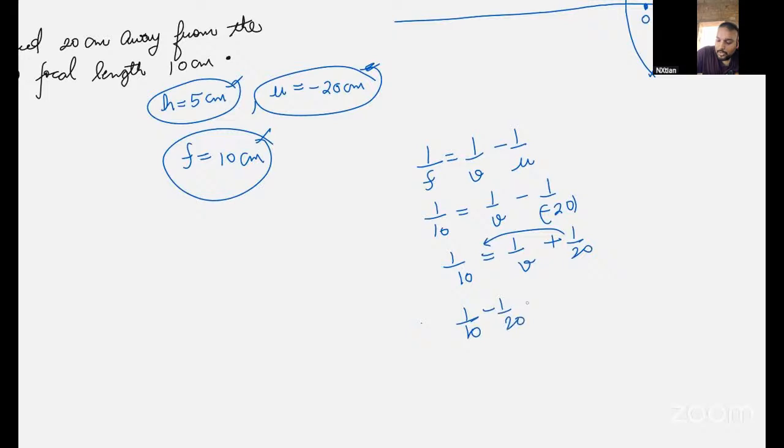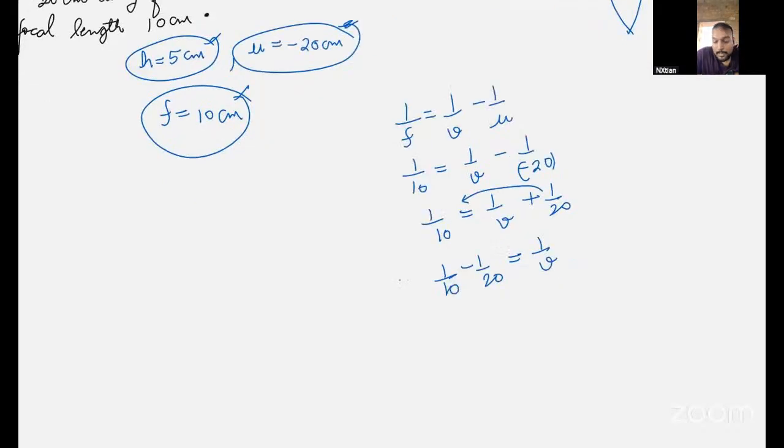So now I have to make the cross multiplication. So it becomes 20 minus 10 upon 200 is equal to 1 upon v. And then it will become 10 upon 200 is equal to 1 upon v. And then v will be 200 by 10, so v is equal to 20 centimeters.